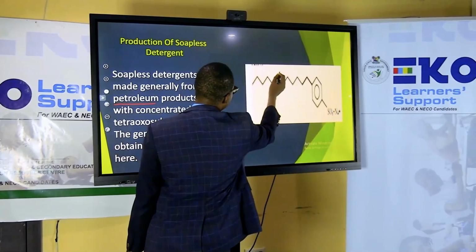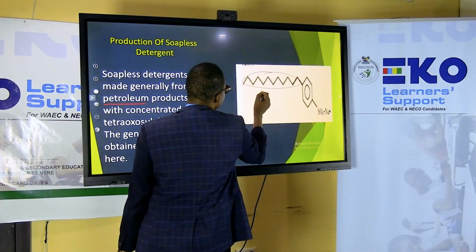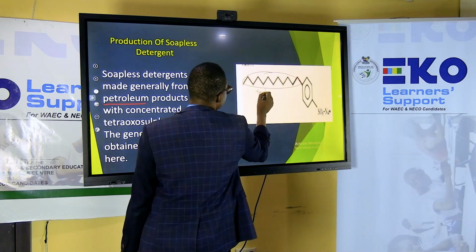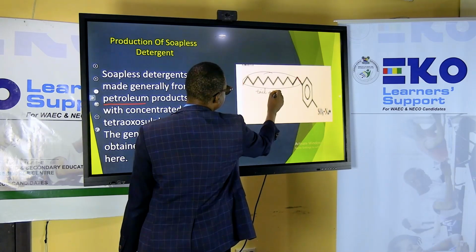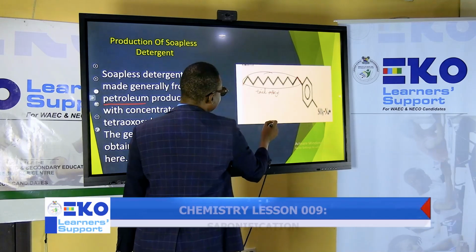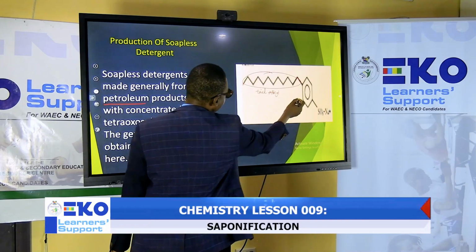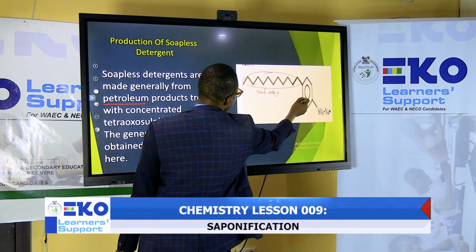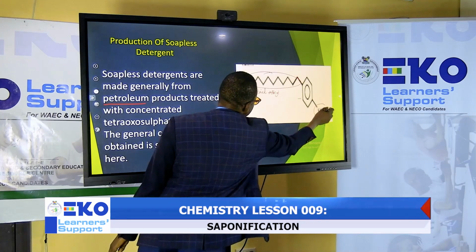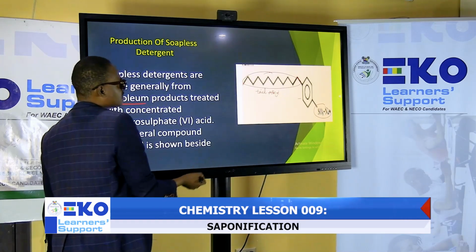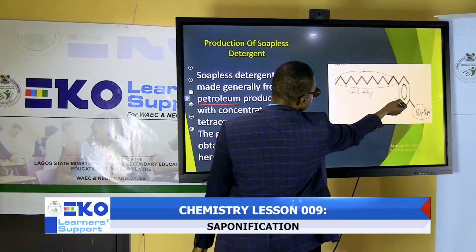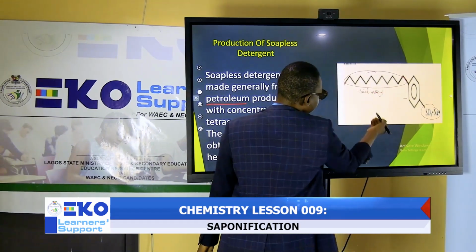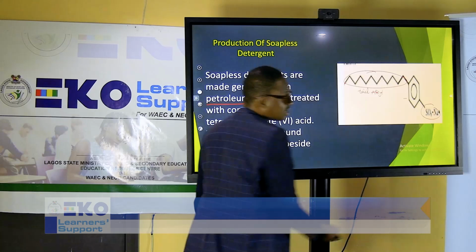So this, the tail, it's called the tail. And this tail is the alkyl group, which is gotten from the hydrocarbon. While this is benzene, and this is the head. So we call it alkyl benzene sulfonate.